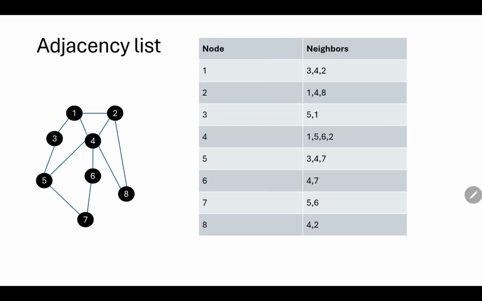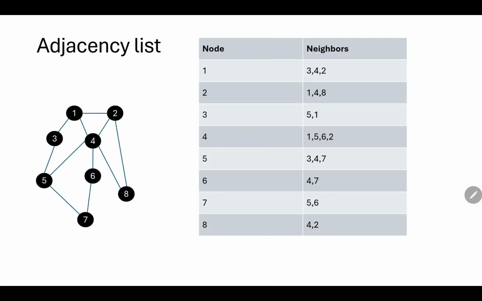So one of the ways that neighbors or connected nodes are represented is as an adjacency list. Right here, we've got the nodes and their neighbors. These neighbors are usually stored in an array, mainly for adjacency lists.